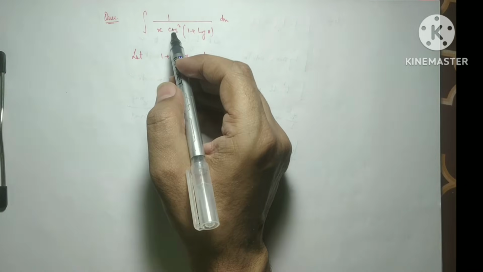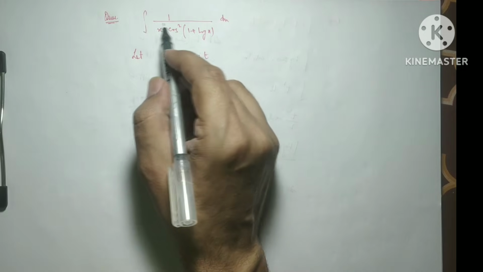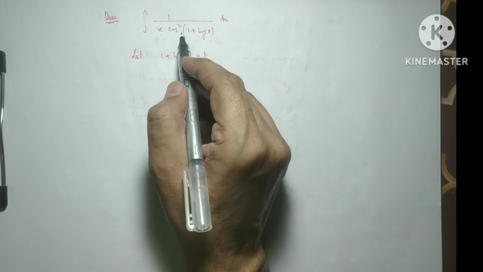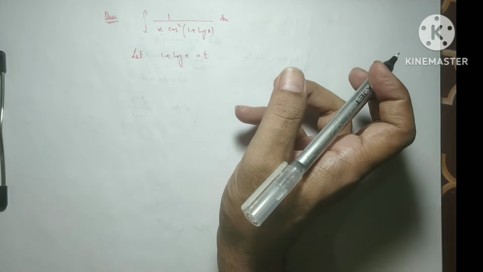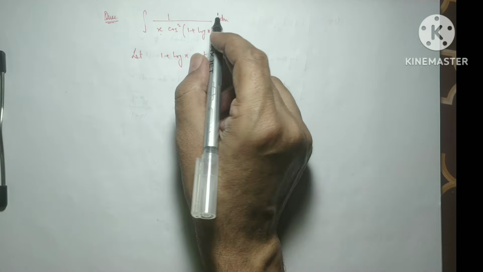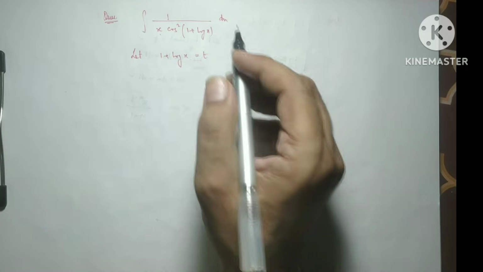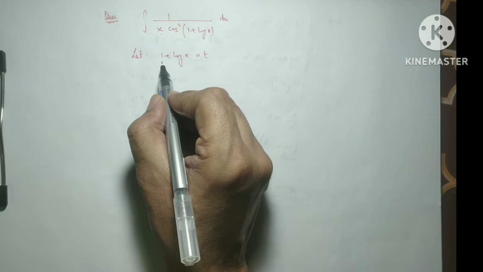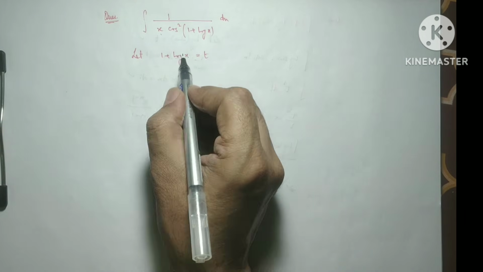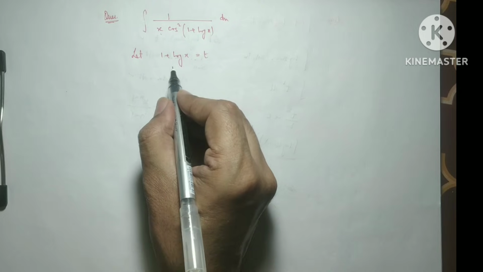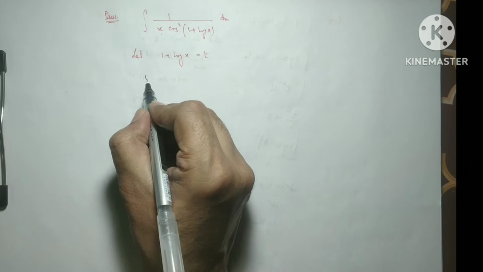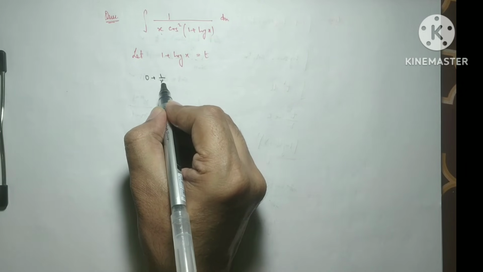Now the next question is integrate 1 over x into cos square of 1 plus log x dx. So in this question, for making it a standard expression, we consider 1 plus log x as t. We substitute this. So on differentiation we get 1 is 0 and log x is 1 over x.